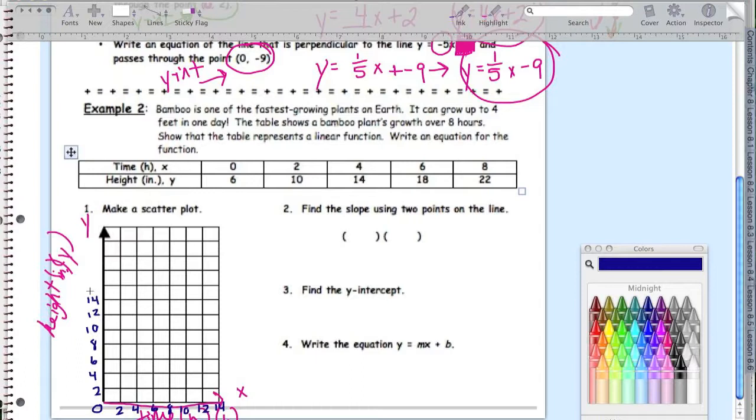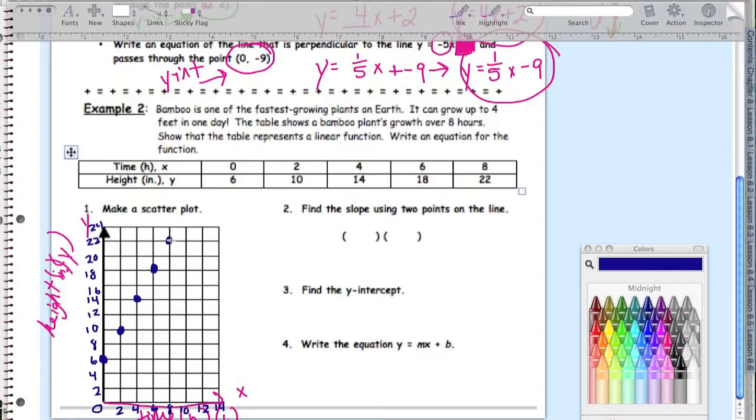Because if I look at my actual points, they're going to go way off if I count by 1's. So I have (0, 6), (2, 10), (4, 14), (6, 18), (8, 22).